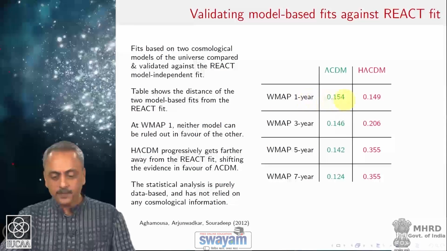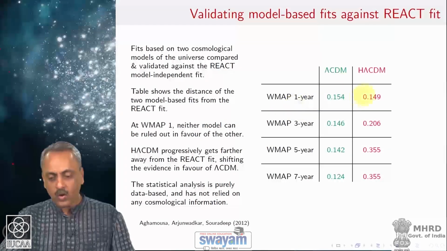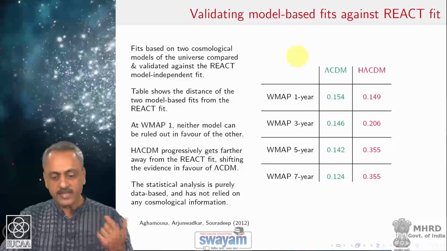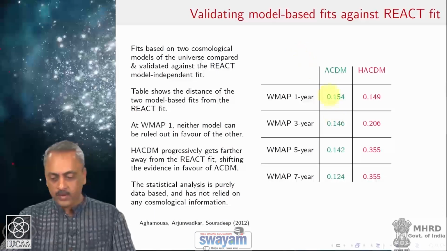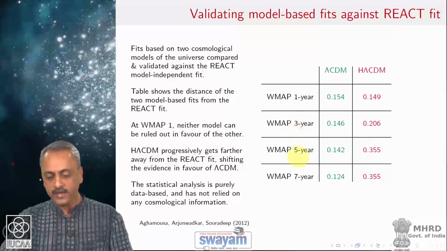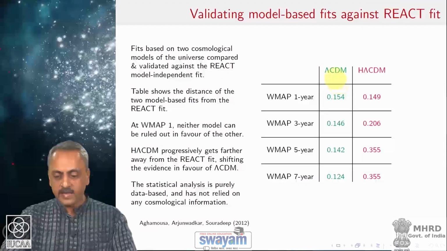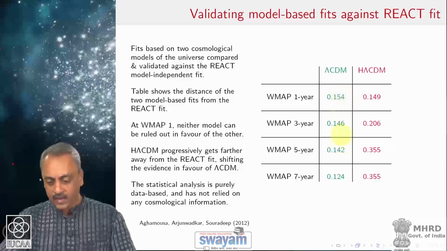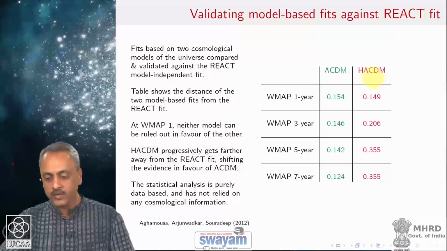Let us simply look at the distance of each of these parametric fits from the non-parametric fit, which is the center of the confidence set. What you see is that if you traverse vertically each column, across data realizations 1 year, 3 year, 5 year and 7 year, the distance of the lambda CDM fit from the center, which is the non-parametric fit, goes on reducing, whereas if you put in a small fraction of neutrinos, the distance keeps on increasing.